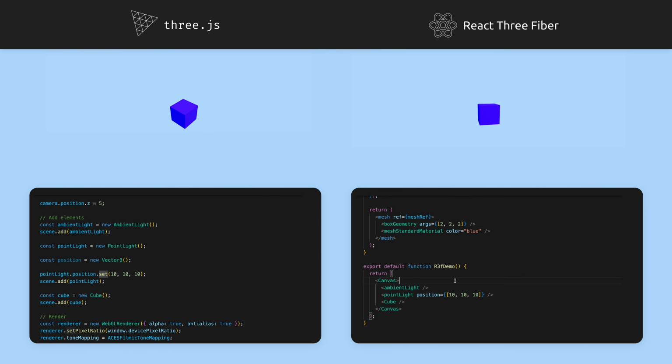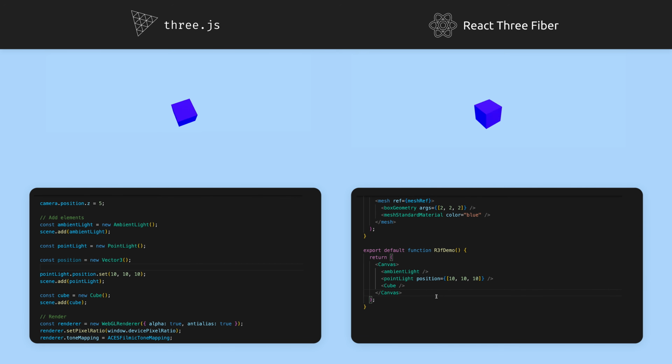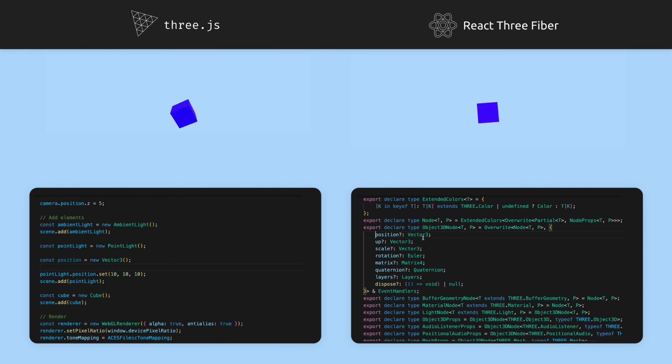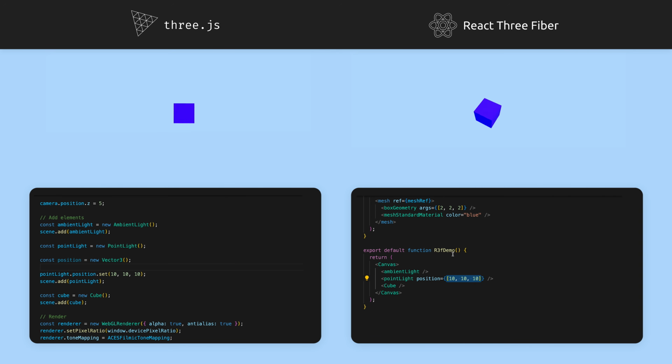So how does this translate to the React Three Fiber world? Well, if we look at the type of position here, we can see that it's a Vector3, which is interesting. If we actually drill into that, we can see that this is actually a special Vector3 wrapped by React Three Fiber that allows you to input a number, an actual Vector3, or this triplet notation. So technically, I actually could put a new Vector3 in here with my values, and this would work.